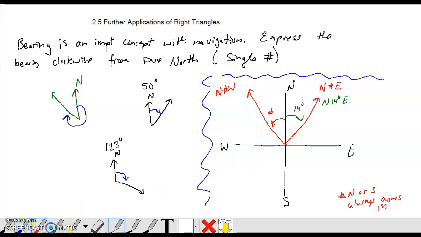If I drop down into this quadrant, I'd be starting at south, so I'd be going in that direction. So I would say south by some number west. And if I was over here, this would be south by some number east. North or south always comes first.